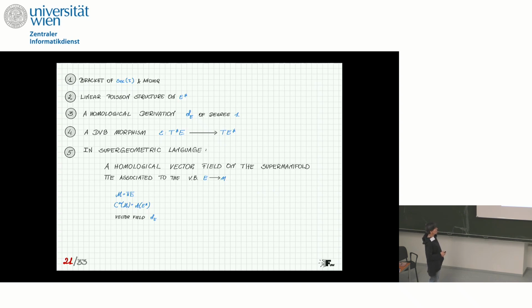If we think about our bundle as a supermanifold, if we superize it, changing the grading on the fiber coordinates, making them odd coordinates, then our super functions correspond to sections of the Grassmann algebra, and then our dE is just a vector field, the homological vector field on the supermanifold associated to this bundle. But this is just for completeness of the exposition.